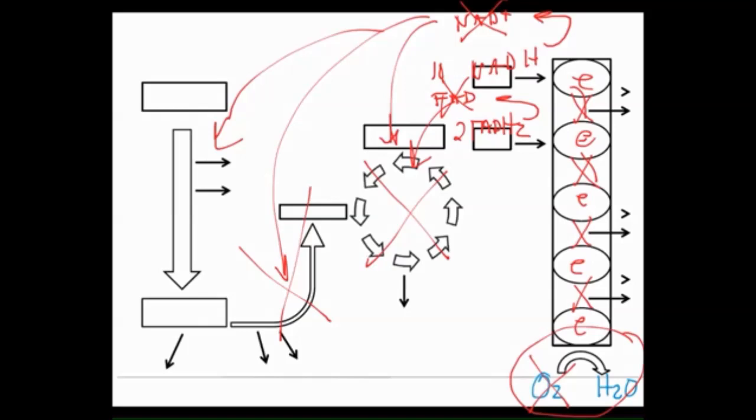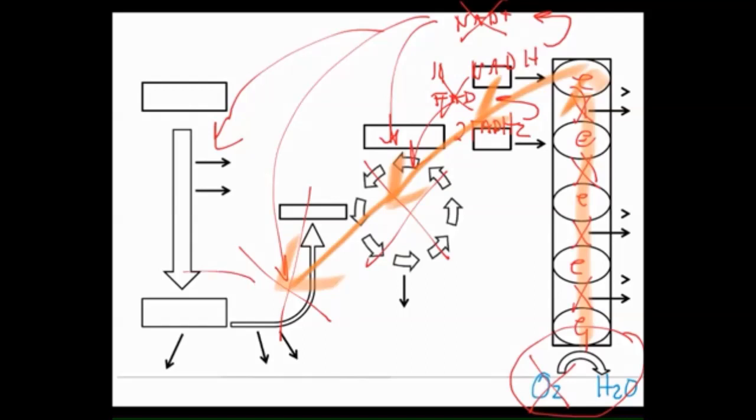And if for some reason they stop and everything starts to back up in our factory, then we're going to start to shut things down as we go, and none of these steps are going to be able to work. This is going to be true of a backup. Our electron transport system will stop, the citric acid cycle will stop, and the grooming step will stop.